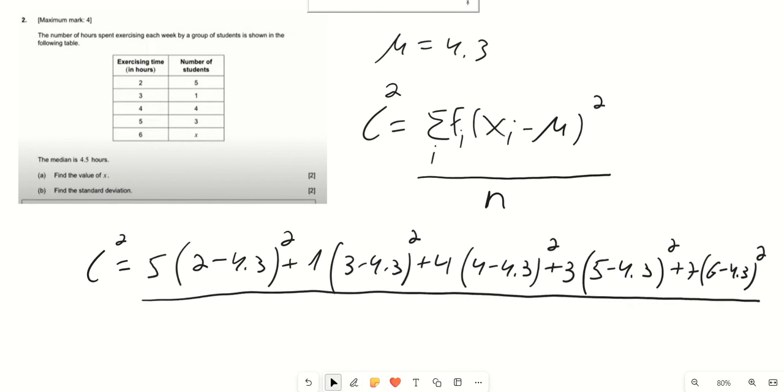And here we have n, the total number of students, which is 5 plus 1 plus 4 plus 3 plus 7.